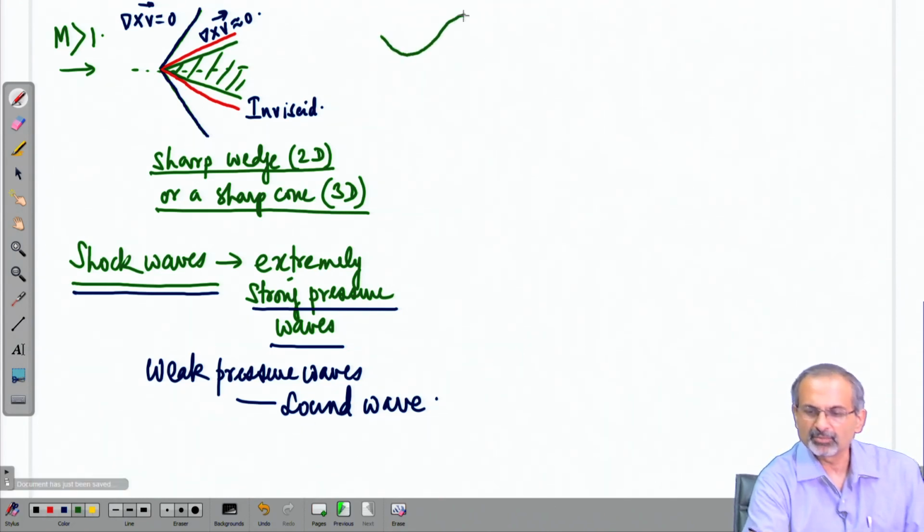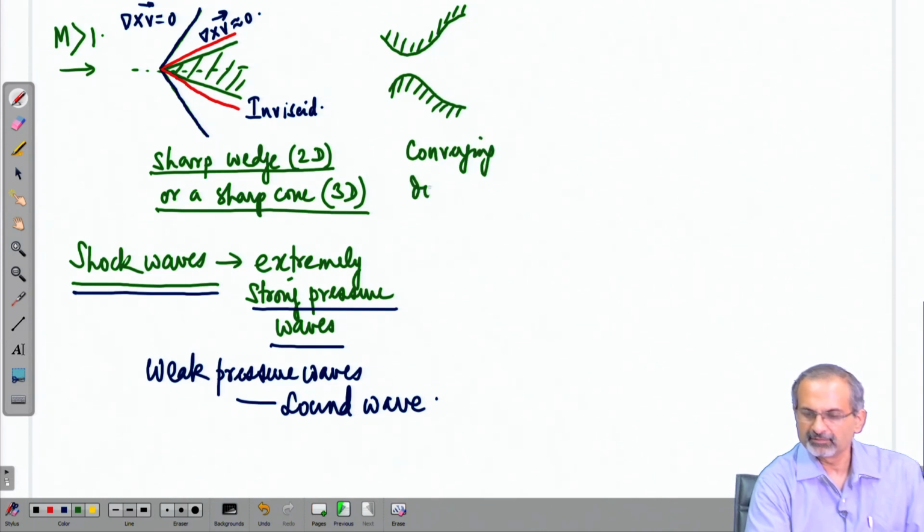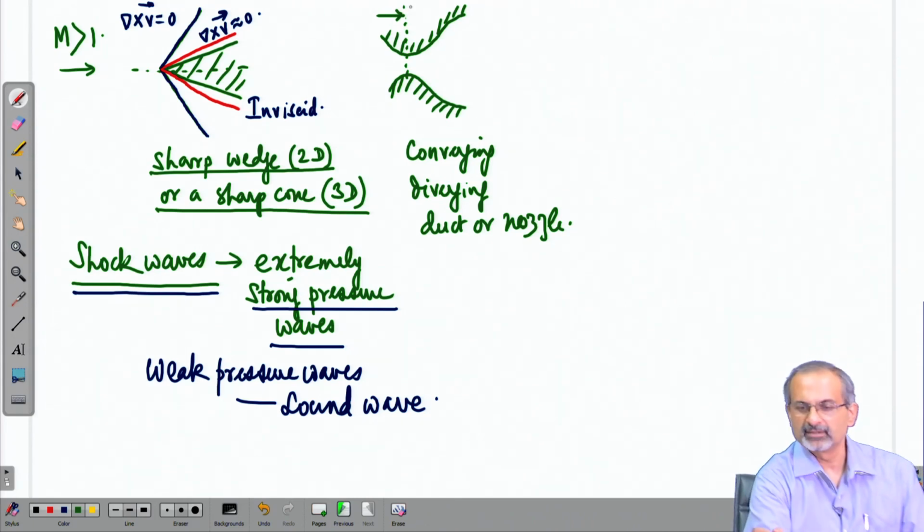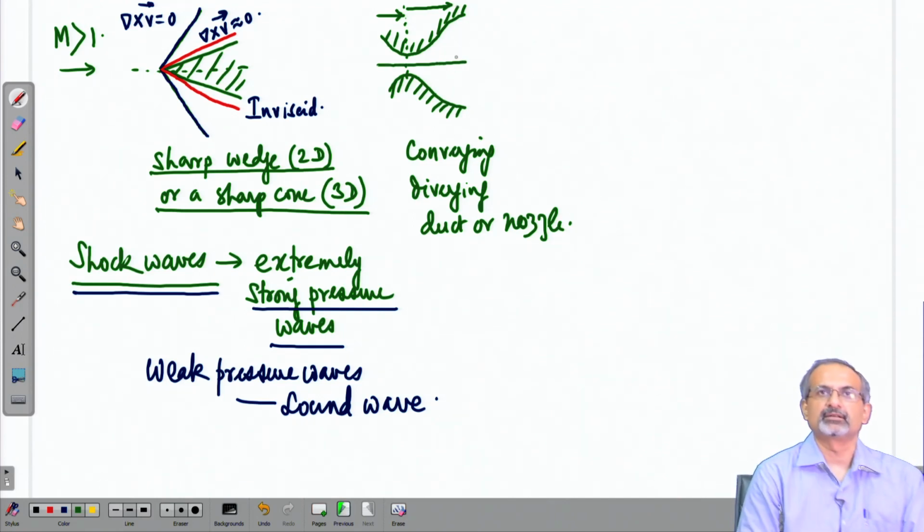Let us look at some other geometries where this kind of flow can occur. We are now looking at a flow through a converging diverging duct or nozzle. This portion is converging, area is reducing, the other portion is diverging where the area is increasing as we move along the length of the duct or the nozzle.